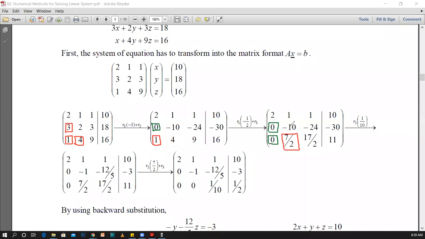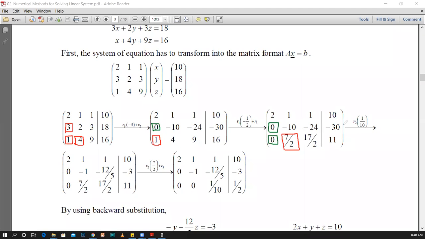Otherwise the calculation will be somewhat lengthy. So in this stage, I am just multiplying row number 2 with 1 over 10. If you need, you can multiply it with -1 over 10, but there is no problem. Anyhow, I am keeping this -1. It is easy for my calculations at the next stage.